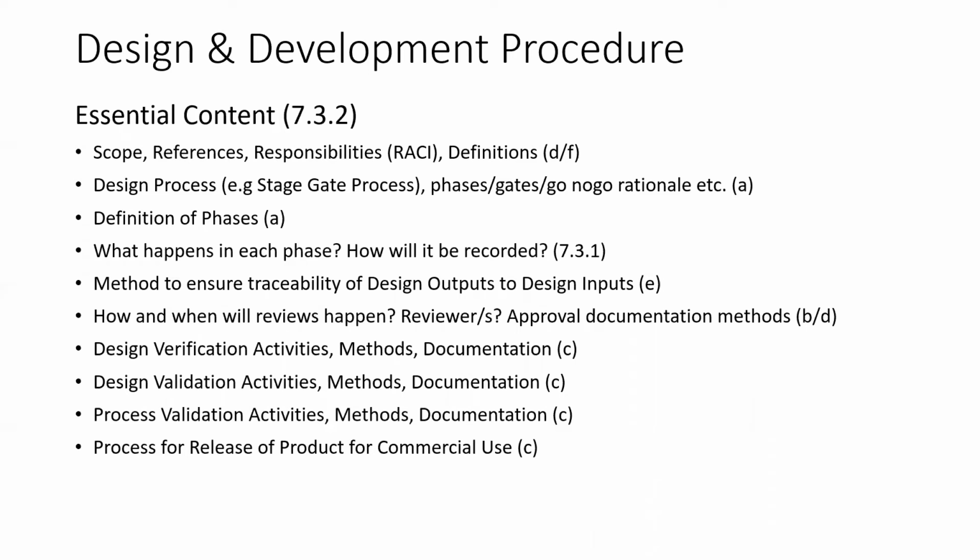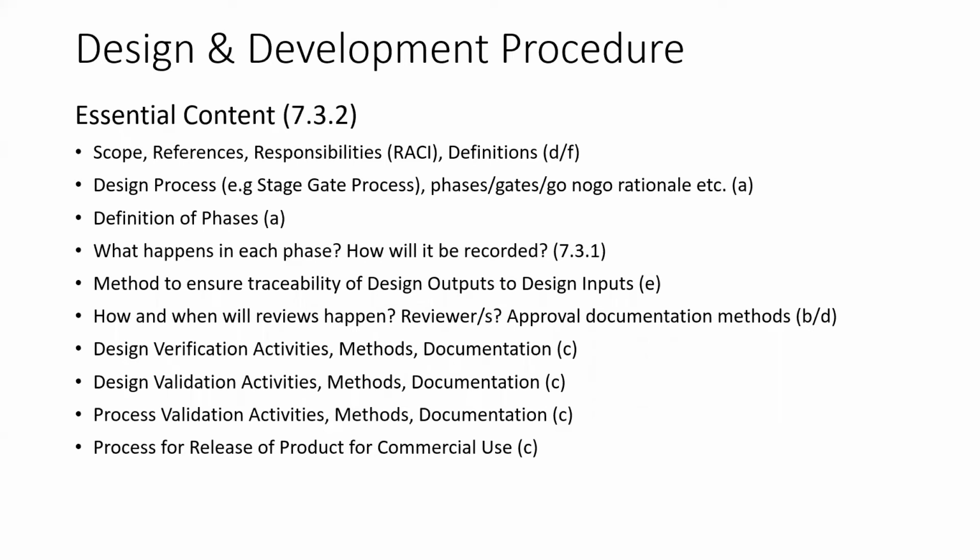And lastly, but most importantly, what is the process internally our organization will follow to release product for commercial use? So what are all the criteria that will have to be met? What are all the documents that will have to be completed? What should be the state of readiness of the device?